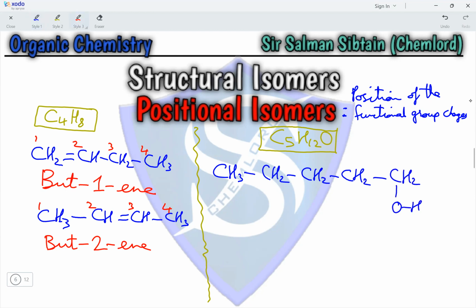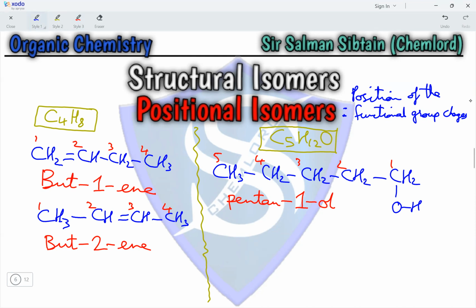The name of this compound would be, when the numbering starts from right to left, 1, 2, 3, 4, 5, pentan-1-ol, with the OH group being present on the first carbon atom.